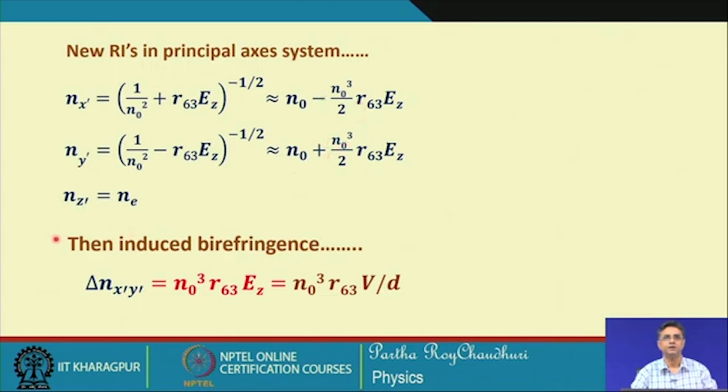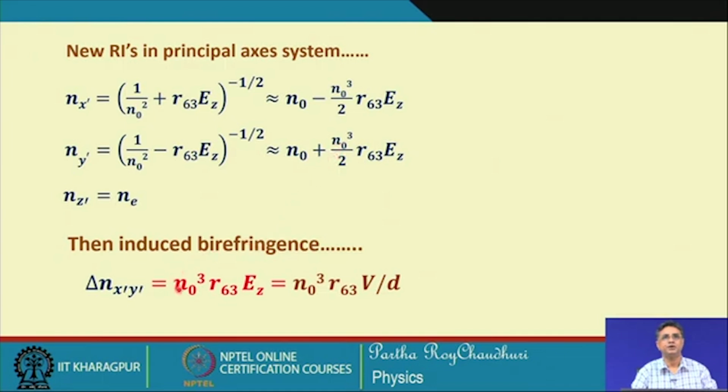So, the induced birefringence in this case, when you have an electric field which is acting along z direction and the light is also propagating along the z direction, there will be changes in nx and ny, which will appear as nx dash and ny dash with the rotation by 45 degree, and for the induced birefringence, I just have to take the difference of this.